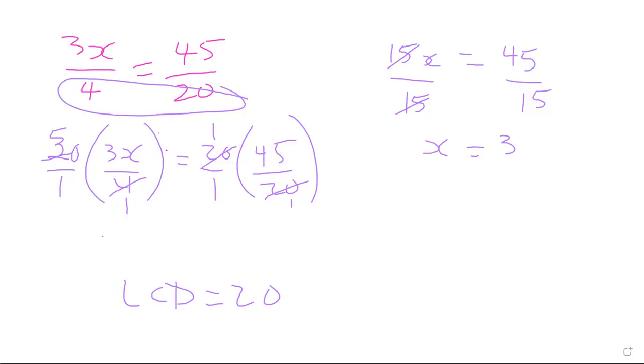What about if we have 5x over 12 equals 2 over 7? So again, we've got to find the LCD.